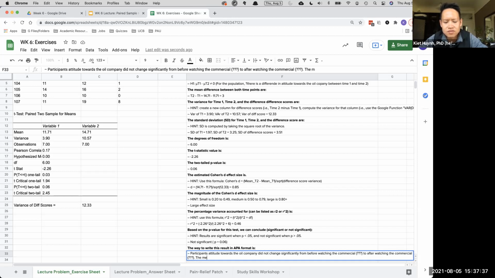The mean difference in attitude scores across the 2 time points was large and not significant.